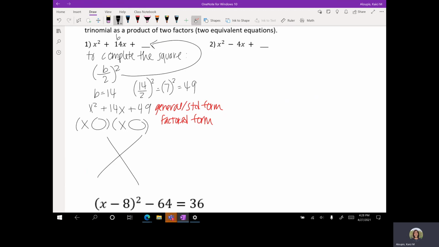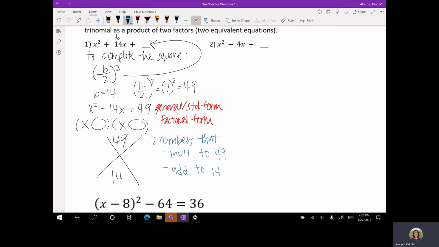Remember, we put 14 down here, 49 up here, and we need to find two numbers that multiply to 49 and add to 14.